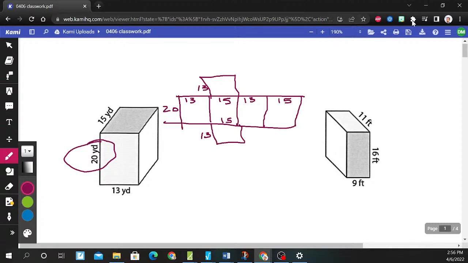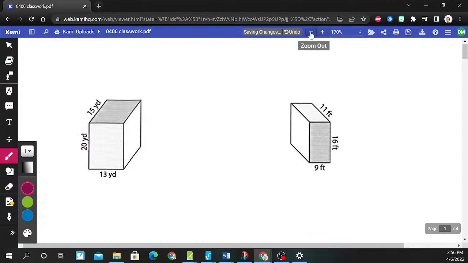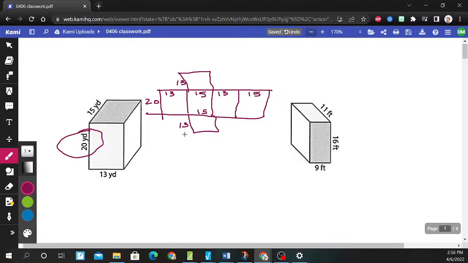So I'm going to shrink this because maybe that's my problem. All right, yeah, I have more freedom there. So what we're going to do is we've got two 20 by 13s. We've got two 20 by 15s. And we have two 13 by 15.